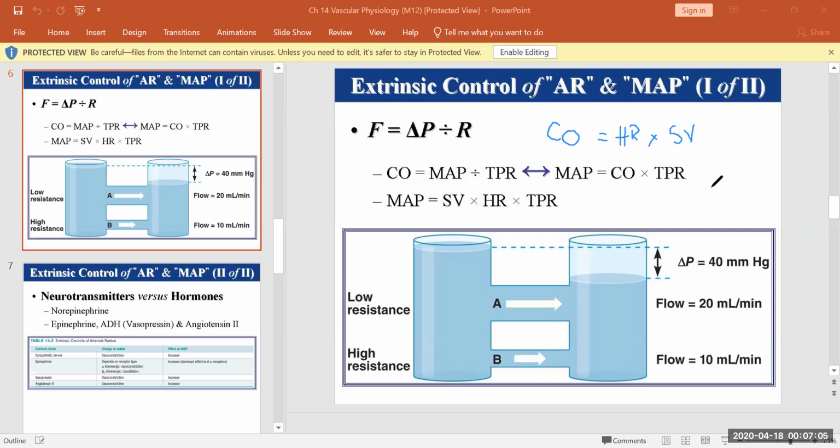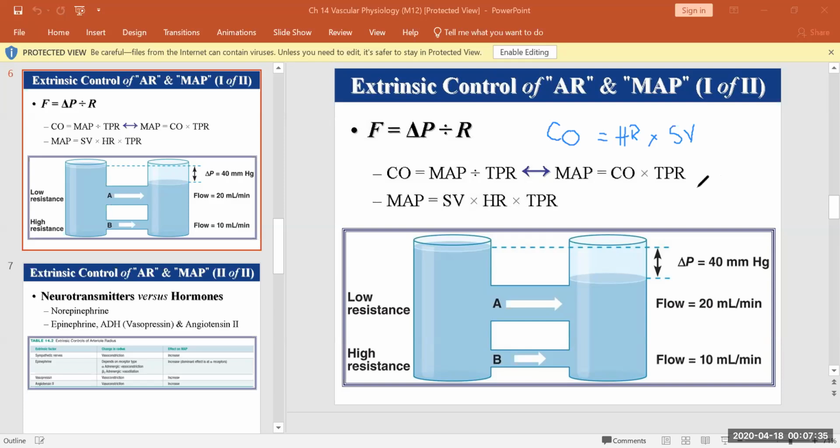That's the function, the raison d'etre, why the heart exists: to pump blood, to create a pressure so blood can flow forward, okay? And that pressure generated by the heart, we call that cardiac output, right? The amount of blood pumped out per unit time.